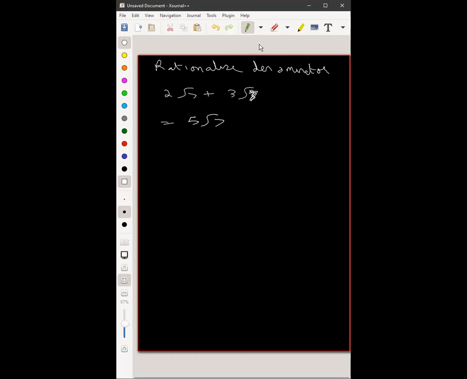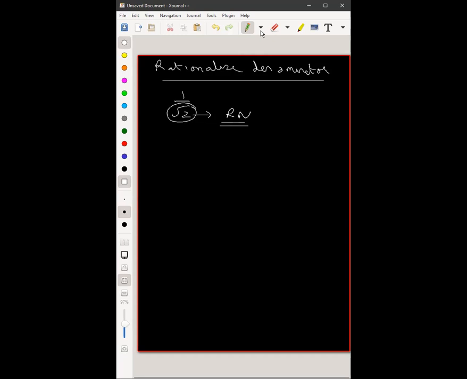But what will happen if we have the denominator as a root? For example, I have 1 by root 2. Now you know root 2 is an irrational number, which is non-terminating, non-recurring. So can I do this division? No, I cannot. So what I will do, I will rationalize the denominator in which I will get rid of this root 2 and convert this into a rational number.